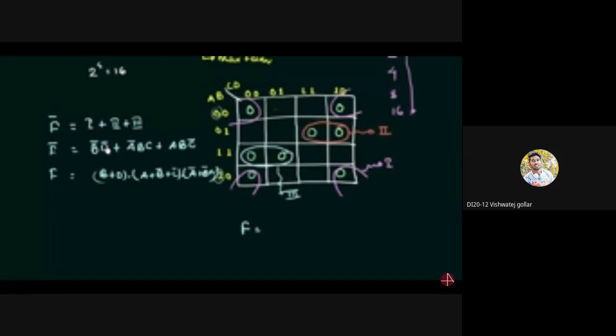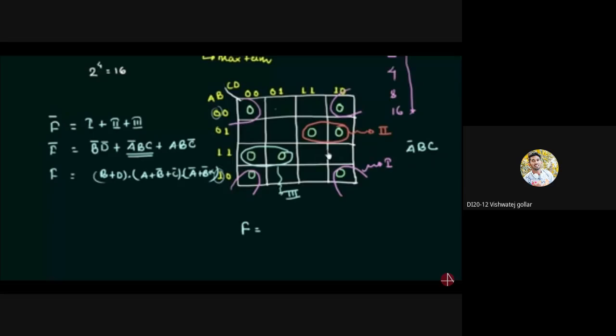We will just change the values of the variables from what they are right now in the groups. Let's see how. For example, I'm taking this second group, this one. In this, I found A as 0, B as 1, and D was changing from 1 to 0, so it should not be included, but C is 1. So I had A complement B C, that I have already written here.